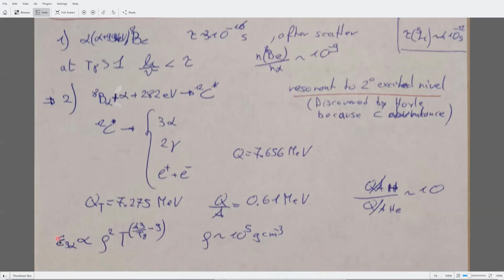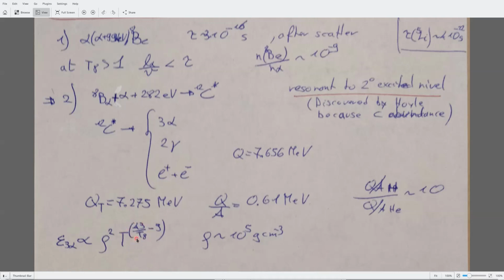Another really interesting thing is that the energy production goes with the square of the density. If you remember, this is also because the electron shielding starts to be really more effective. So we also enter the density from the electron shielding.